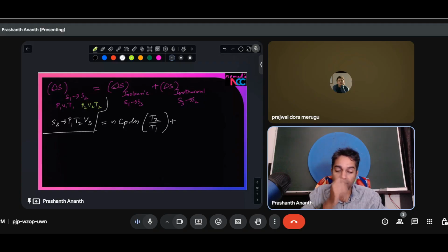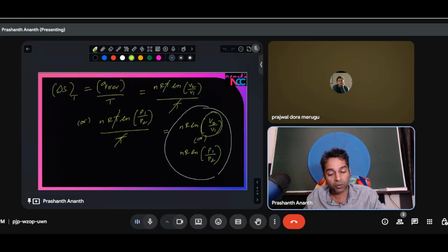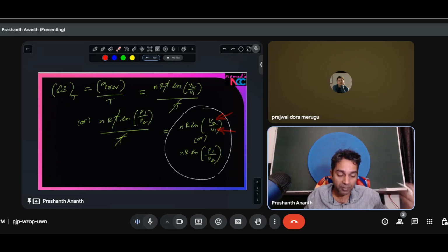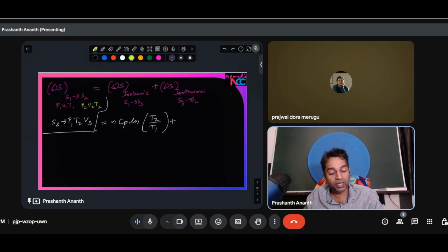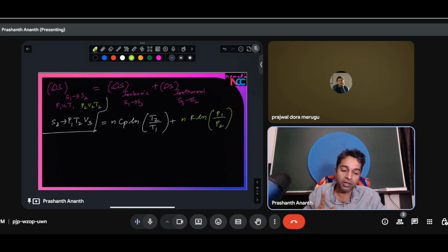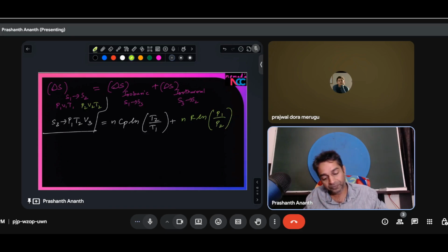You will be using the pressure formula here. We do not know the volume part, but we know the pressure ones properly. So use the pressure application of the formula. In this case, it will end up being plus nR ln of P1 by P2. I should not put it as V2 by V1, because in this case that is not the same.